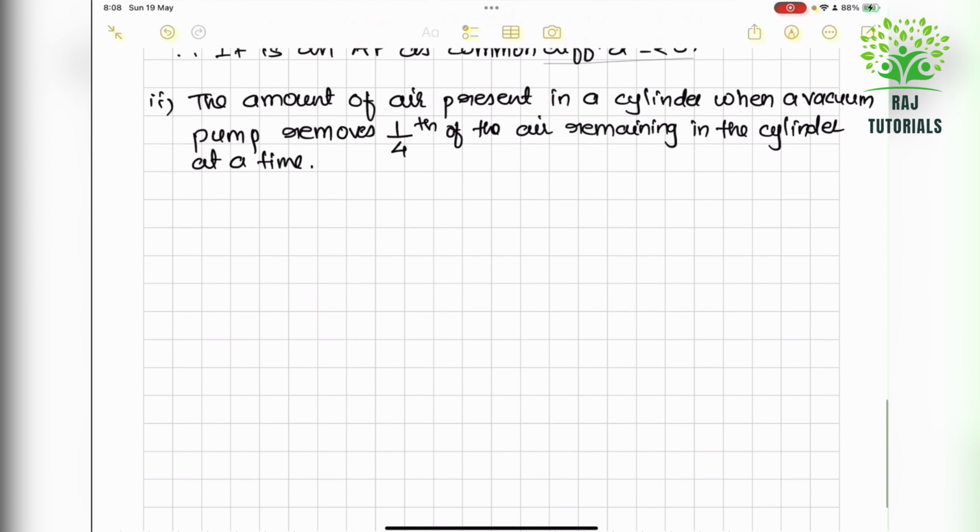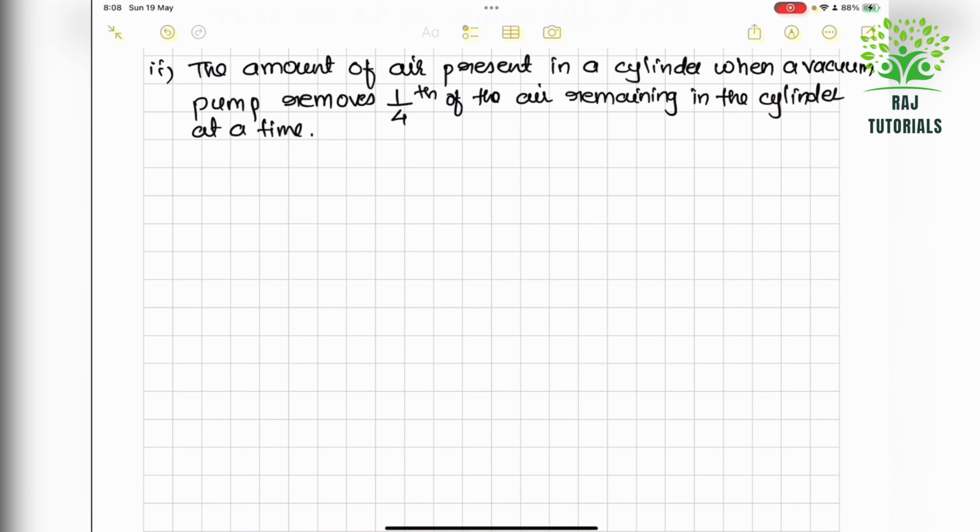That means the first term will be, the first term is not given, so I can take it will be full.